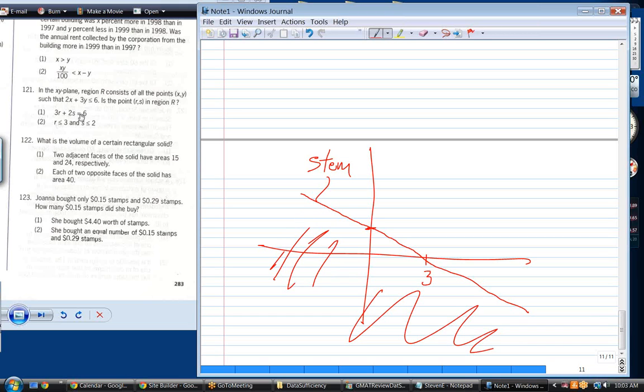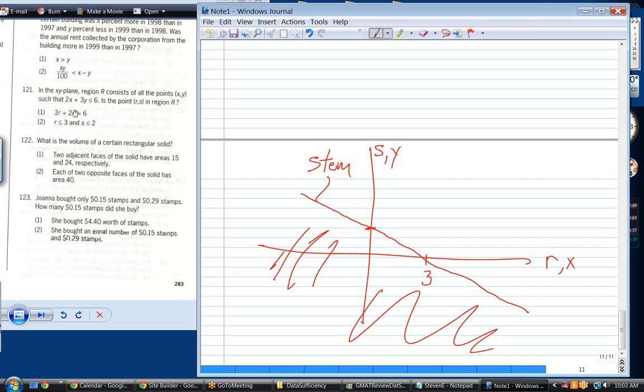Okay, so now we look at the second curve, and we need to know its intercepts. If r is the equivalent of the x, I can label this r and this s, or I can label this x also and this y.